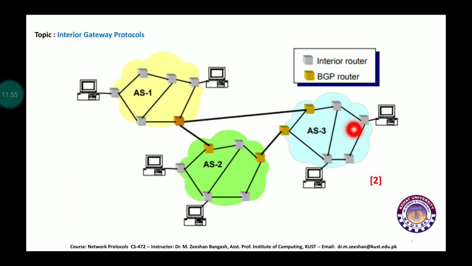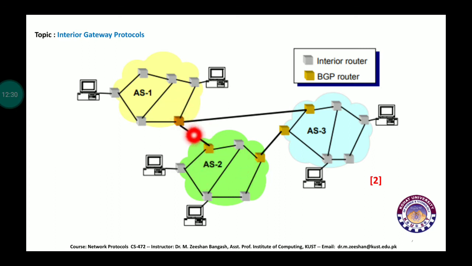Similarly, there is another autonomous system or domain, which is AS3, which is also graph shaped, and another autonomous system, AS2. In each autonomous system it is possible that the distance vector routing algorithm is used for routing purposes, and it is perfectly possible that the link state routing algorithm is used in another autonomous system.